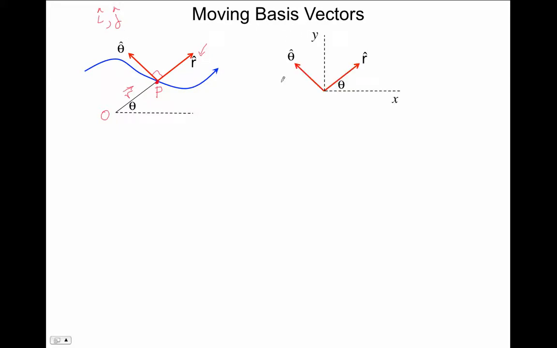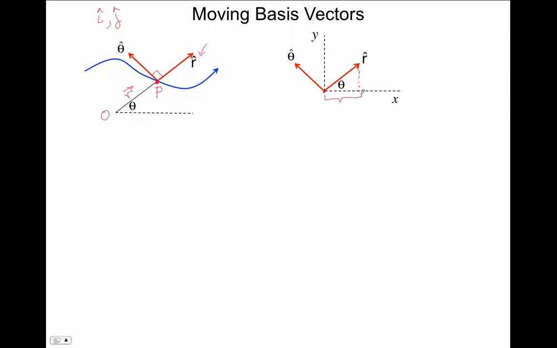Let's look at this a little more carefully. So I've parallel transported the vectors so that they are at the origin over here. This angle over here is theta. Now, these unit vectors can be expressed in terms of the unit vectors along the x direction and the y direction.